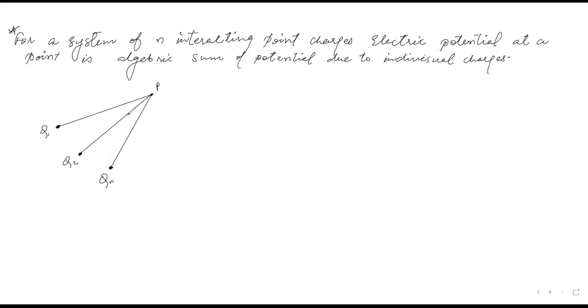This one is your R1, this one is your R2, and this one is your Rn. Then what will be your value here? Your potential V1 due to charge Q1 is Q1 over 4 pi.